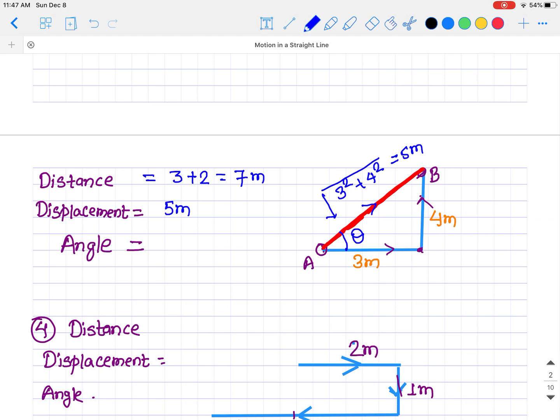Look at this triangle here. The tangent of theta is rise over run, 4 divided by 3. So theta would be the tangent inverse of 4 divided by 3.